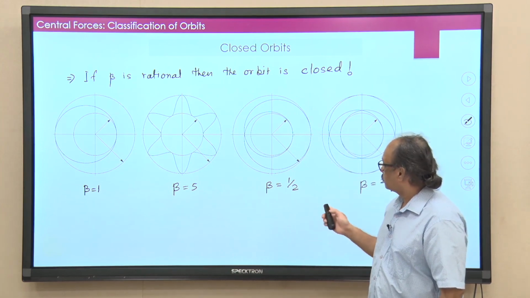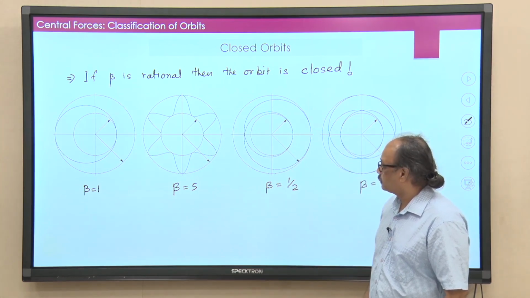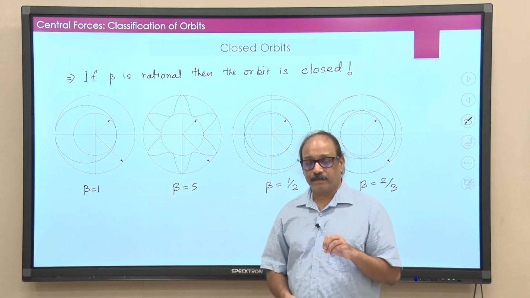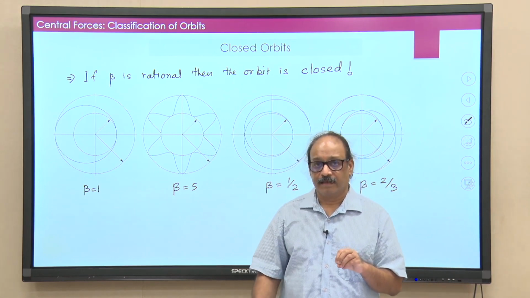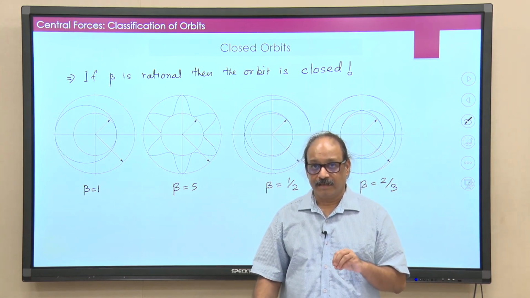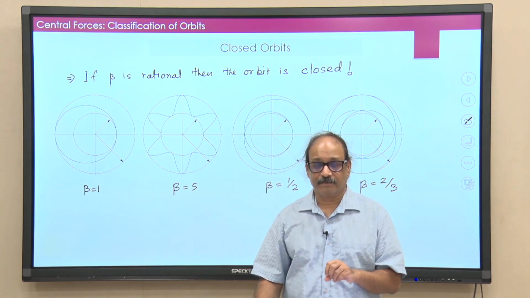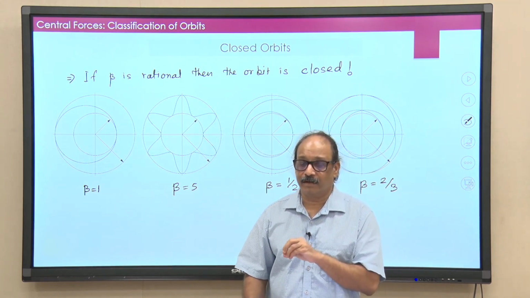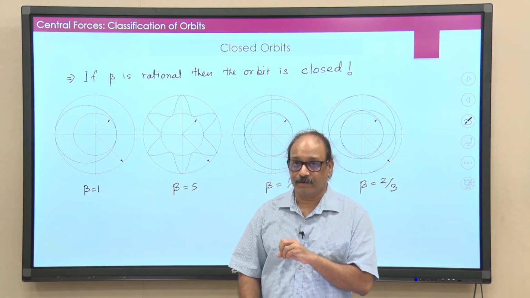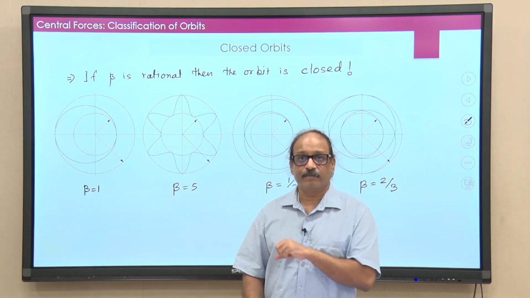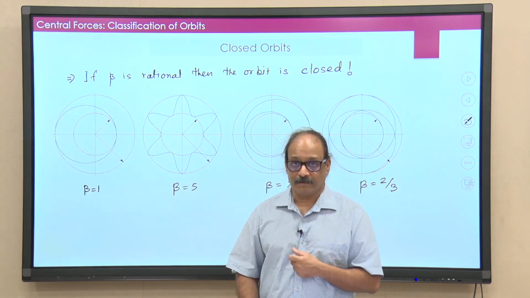then you get a result, and that result says that you can get closed orbits only if you have the inverse square law, or the potential goes as r square. That is your harmonic oscillator, that is like your Hooke's law.